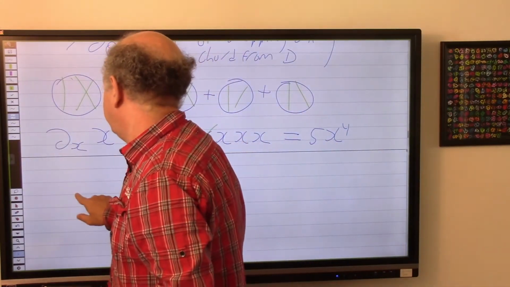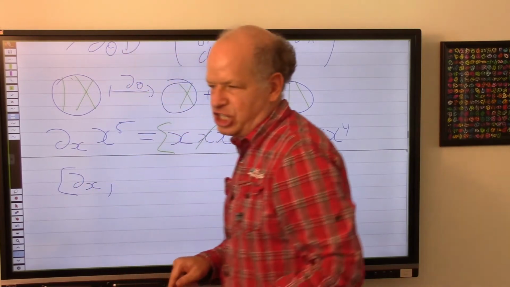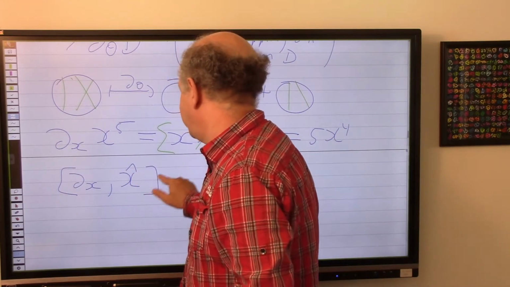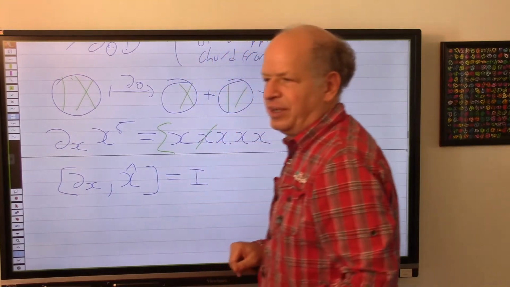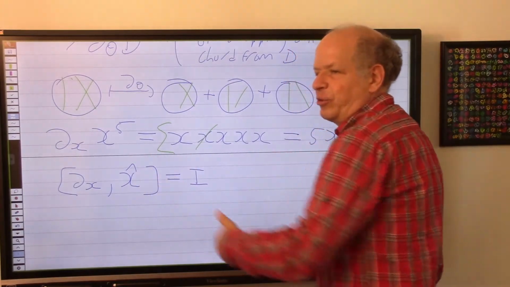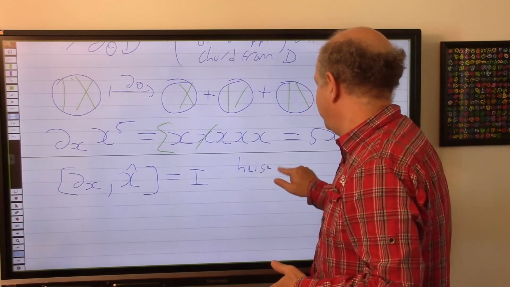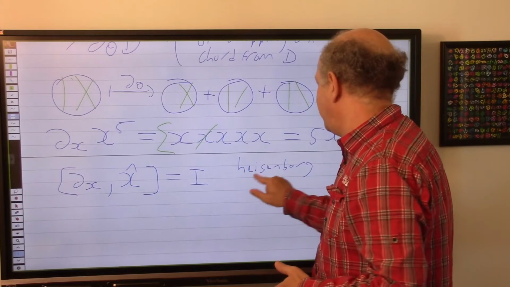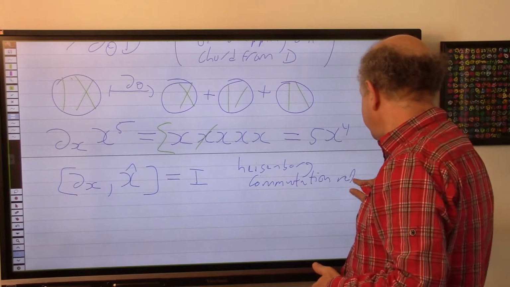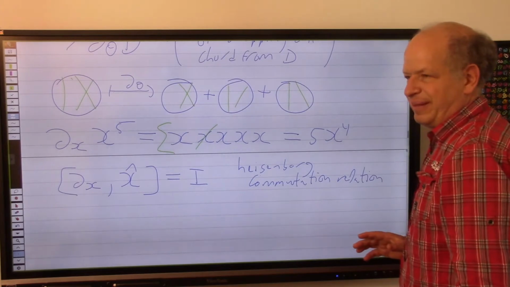Differentiation has the property that the commutator of differentiation with respect to x and multiplication by x is equal to the identity. And if you've taken quantum mechanics, this is the absolute basics of quantum mechanics, the so-called Heisenberg commutation relation. All of quantum mechanics is somehow founded on this.